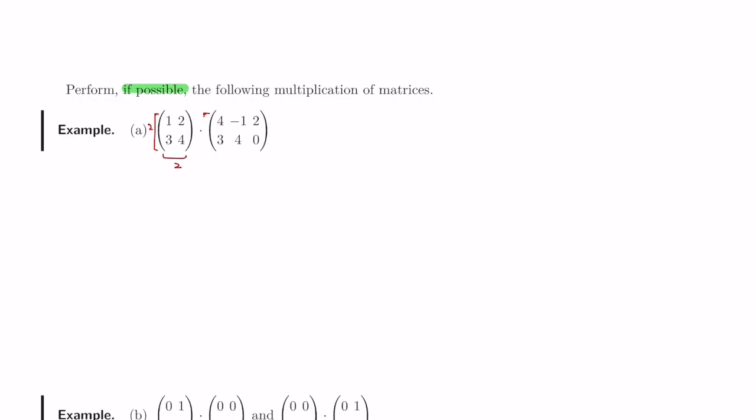The second one is a 2 by 3 matrix. Then we know that in this case it's possible to perform the multiplication because these two numbers agree. And then the resulting matrix would be a 2 by 3 matrix.